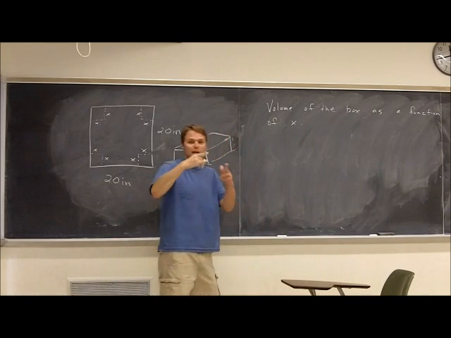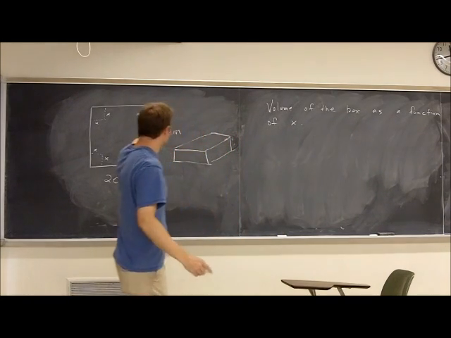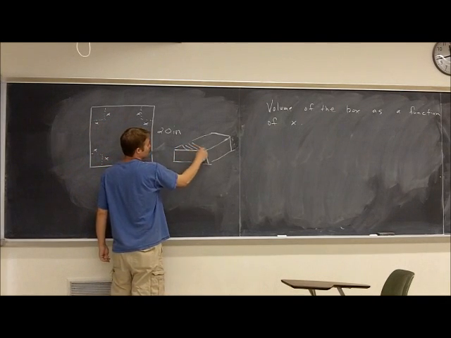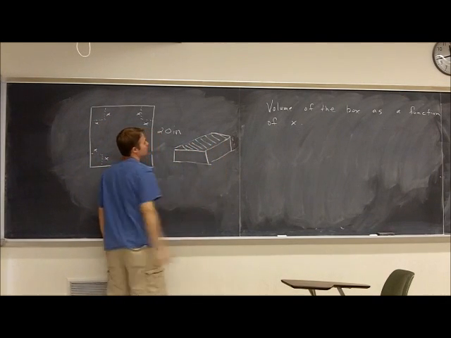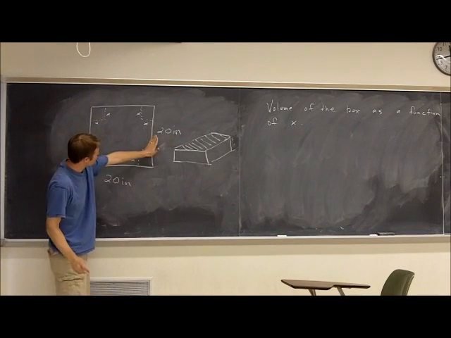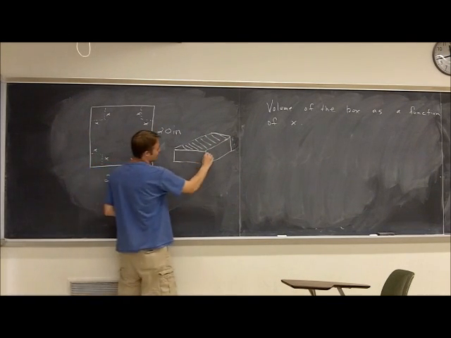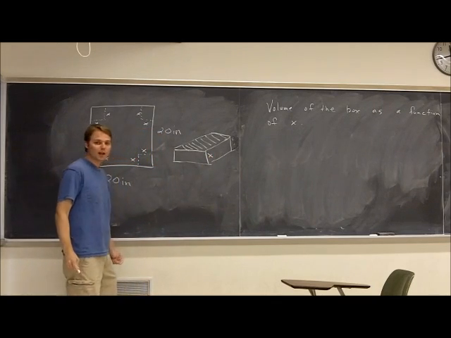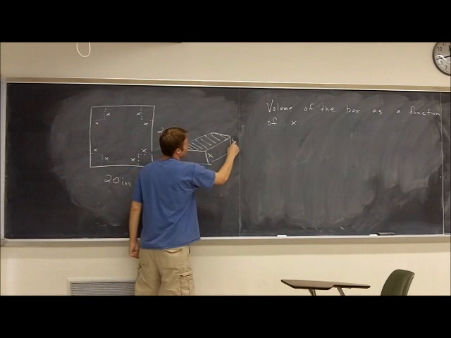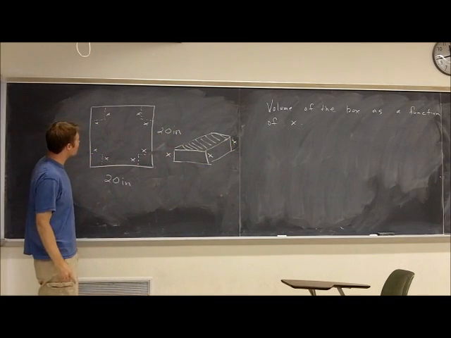So as a function of the size of the cuts that I'm going to do around the box. Well, let's think about what happened. The box is open, so I'll do that to show that it's open on the top. Well, if this is x, if you think about folding the box up, that means that this height here is x, okay? And that's the height on all the sides.